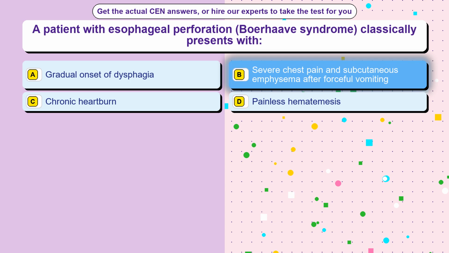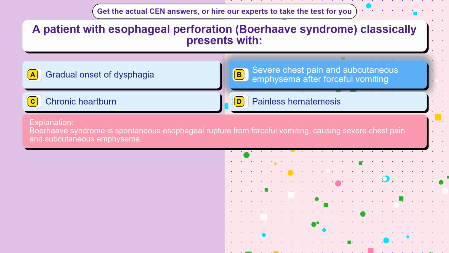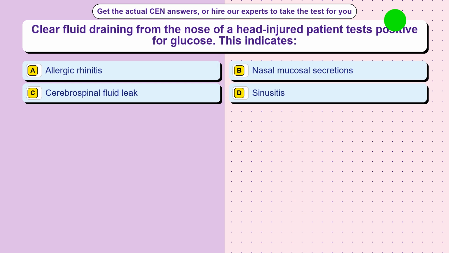The correct answer is Option B, severe chest pain and subcutaneous emphysema after forceful vomiting. Boerhaave syndrome is spontaneous esophageal rupture from forceful vomiting, causing severe chest pain and subcutaneous emphysema.